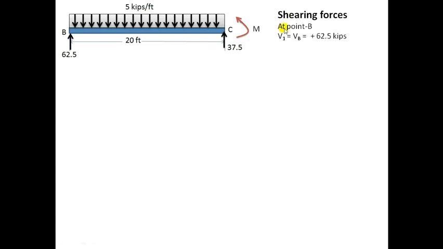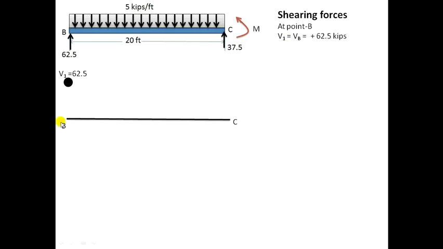I will take the shear force at point A. V1 is the shear force at point A. It will be equal to the reaction. Always start drawing the SFD and BMD from the left side. It is easy to draw when you use these types of conventions, as I am explaining in this video.